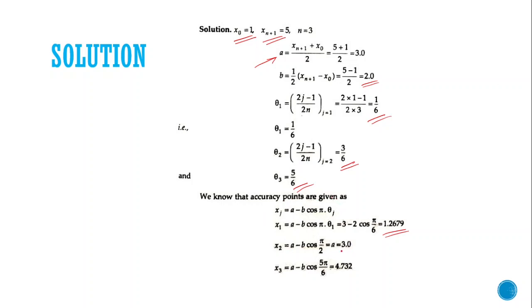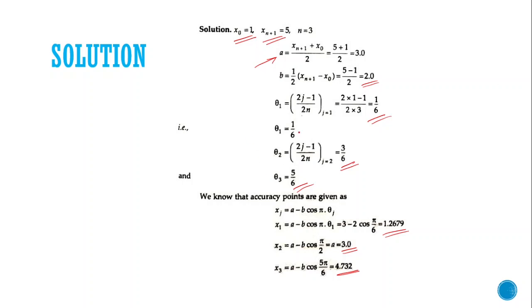Then x2 is equal to 3, x3 is equal to 4.732. We can calculate those values by applying various values for j in this equation. These are the accuracy points x1, x2 and x3. Here x0 is equal to 1 and xn plus 1 is equal to 5.